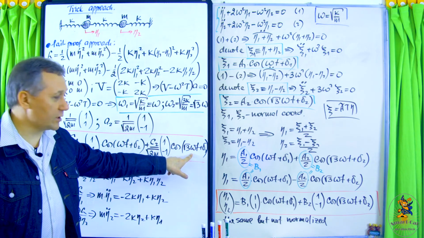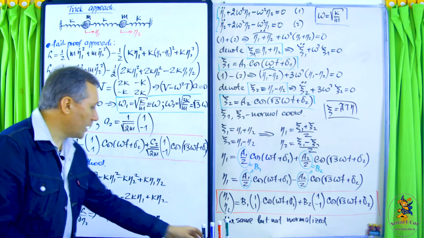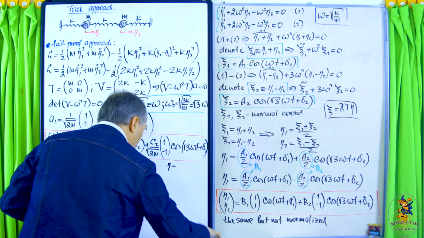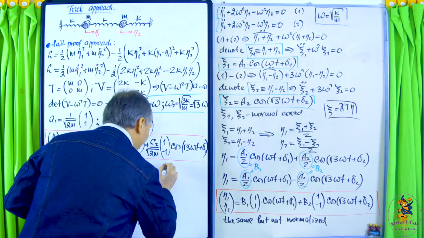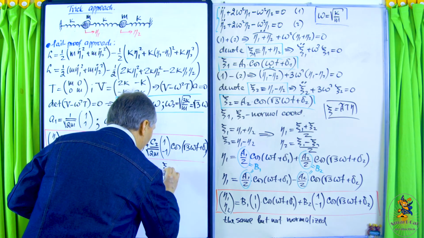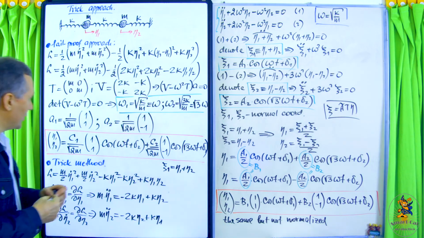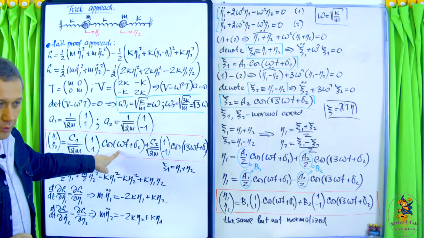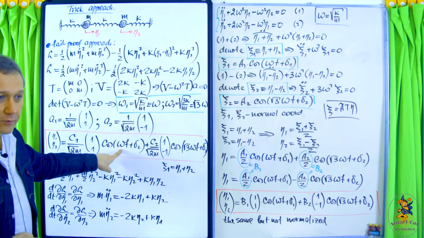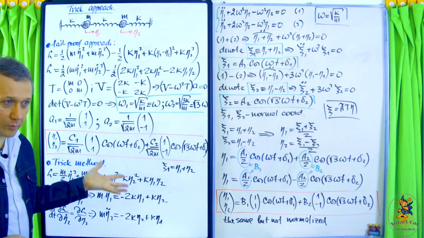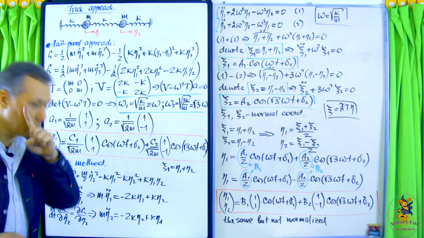Right? So that's how you can see immediately that the first normal coordinate xi 1 will be eta 1 plus eta 2, and of course this linear combination is not going to kill this term, so it will oscillate with frequency omega. Now let's see how we can construct the second normal coordinate.